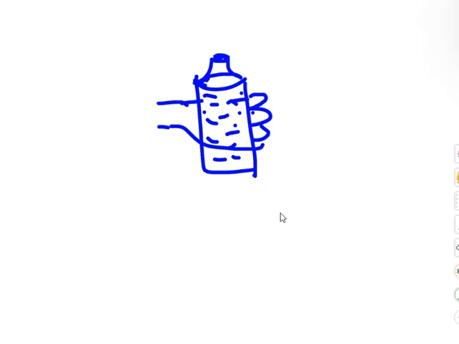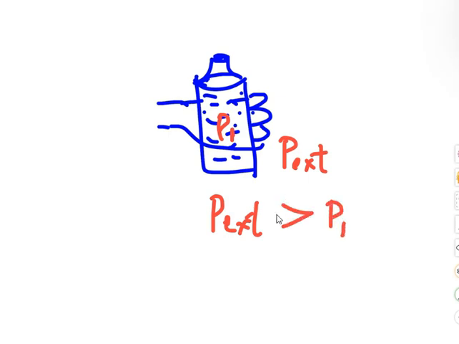Let's say the pressure inside is P1, the pressure outside is P external. When you're crushing it, the bottle is going to experience more pressure than the internal pressure, isn't it? So in this case, what will happen? Compression will take place.